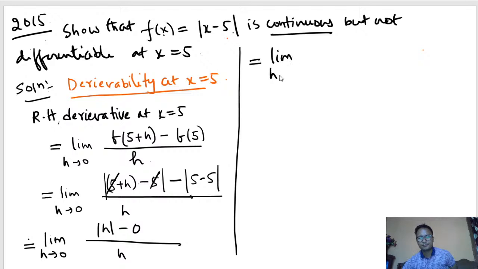Limit h tends to 0, modulus of h over h. h is a positive number, so modulus of h over h is 1. So this is our right hand derivative. The right hand derivative is 1. Okay. Now, after the right hand derivative, next we will find the left hand derivative.